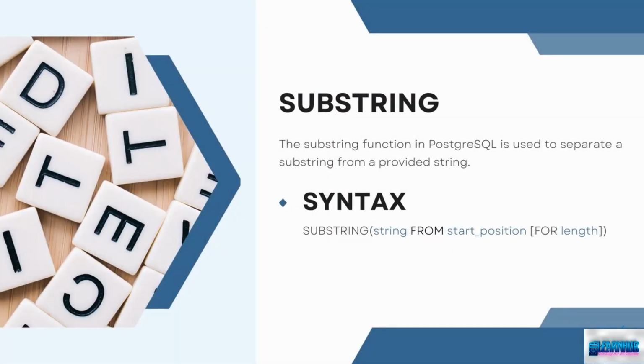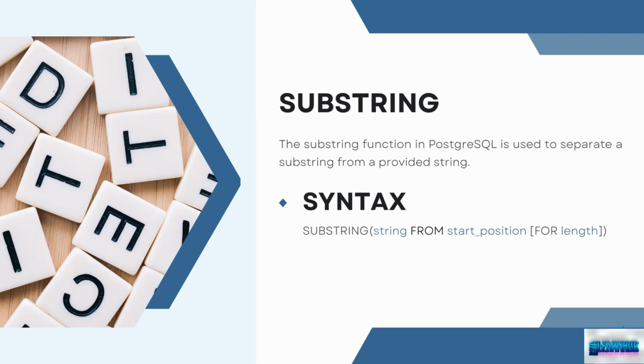Substring function. The substring function in PostgreSQL is used to extract a substring from a provided string. The substring function's syntax is as follows. Substring, open brackets, string, space, from, space, start_position, space, open square brackets, for, space, length, close square brackets, close brackets.